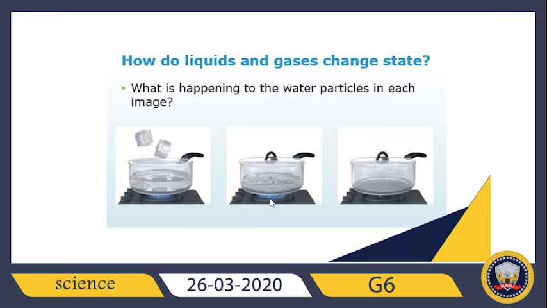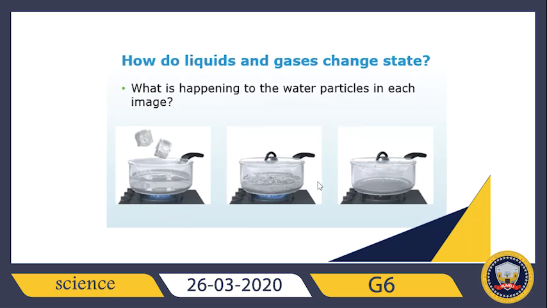Then as you are increasing the temperature of this water, you can see the bubbles, and the bubbles represent the boiling process of water here. The water here is boiling, and then we continue the heating process. As we said, the bonds between the particles will break down, and then the particles of the water will start to escape from the surface of this liquid, and these particles will evaporate.